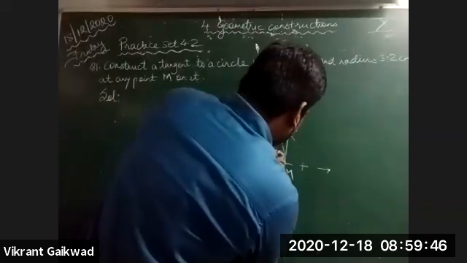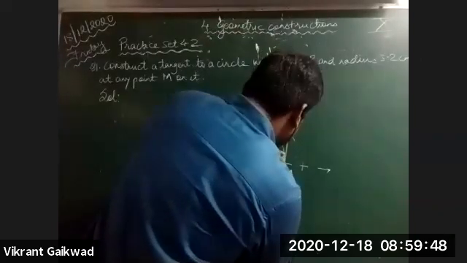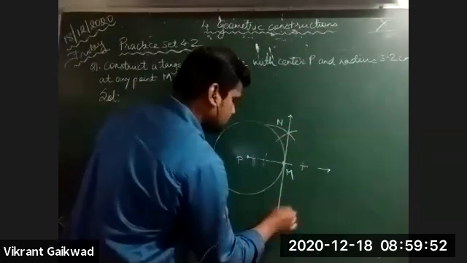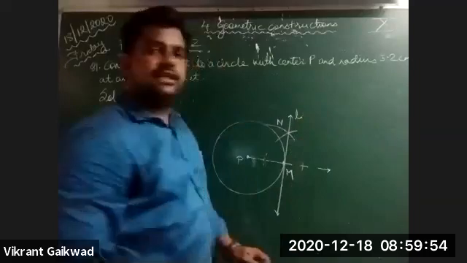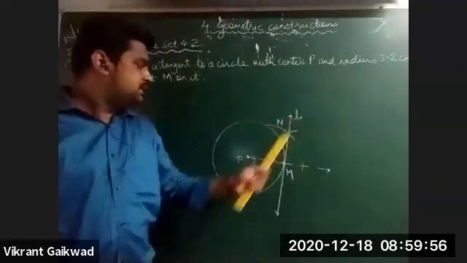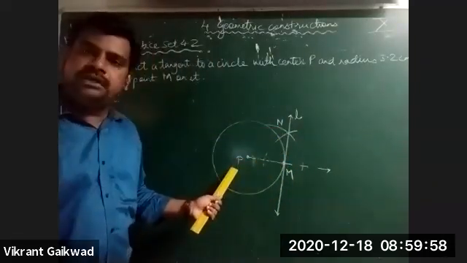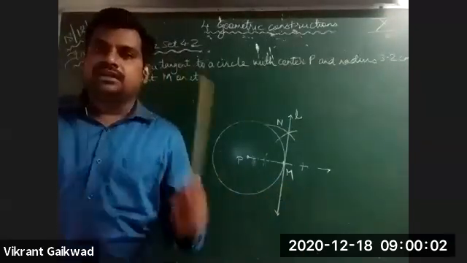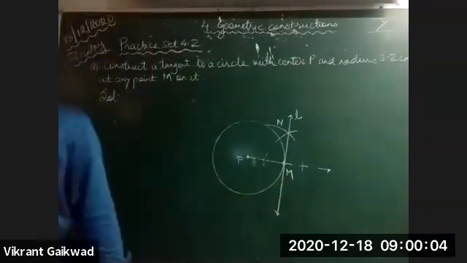Whatever line you get is the tangent. So this is line L. You'll get line L tangent to the circle with center P passing through point M. Is this understood by all the students?